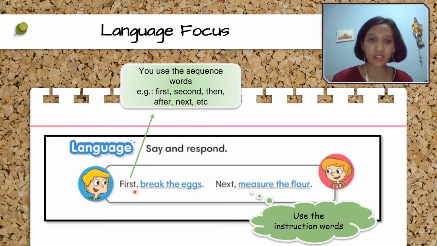So you mention the sequence word first, and next you will mention the instruction. The instruction here, for example, is break the eggs and measure the flour. So use the instruction words here, measure and break. So is that clear?